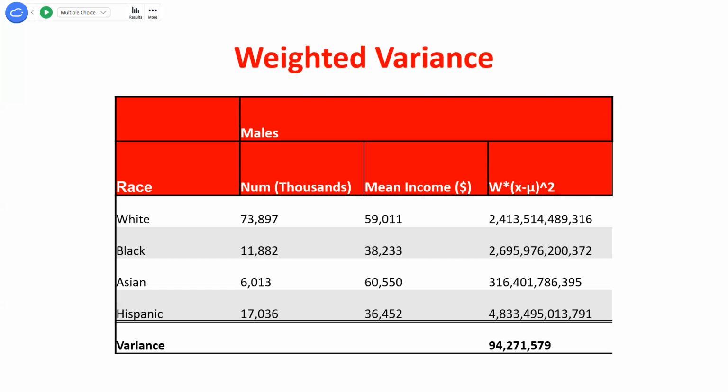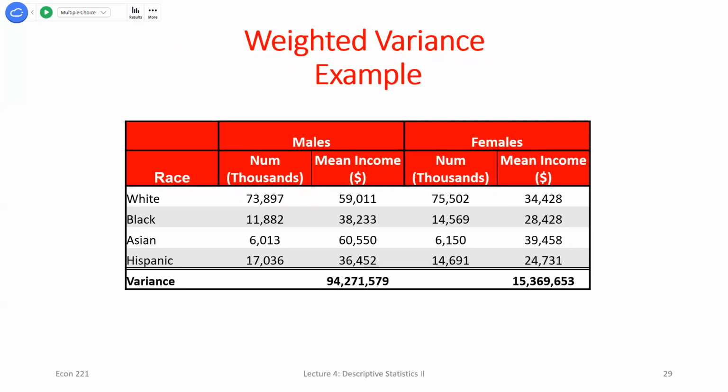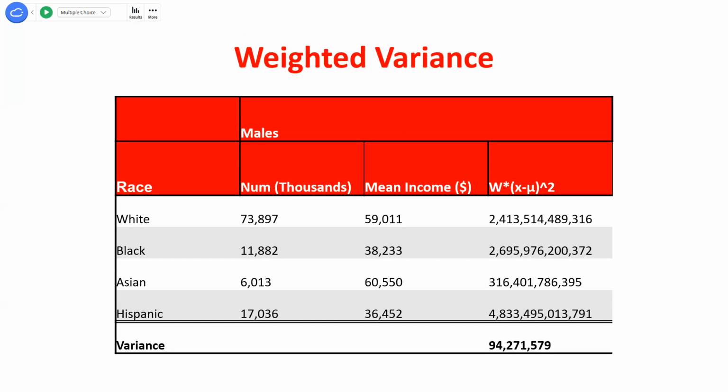You could type that all out into your calculator in one line. I don't have it written out, but you can imagine I could just start writing all this out where I've got the first group's weight, which was like 73,897 times that first group's deviation from that mean squared, add to that my second group's weight times that group's deviation from the mean squared.